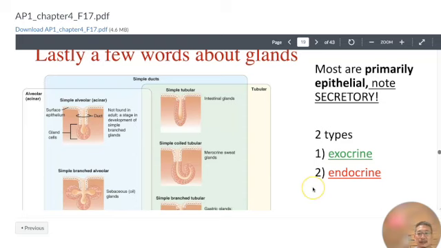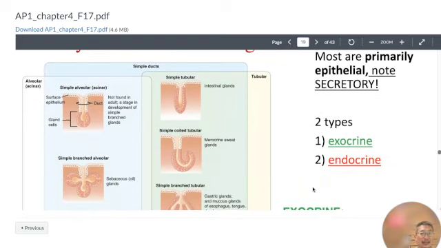So some of these glands, there are 2 types of glands, exocrine and endocrine. Exocrine is you secrete outward, like a duct. It's open directly to the outside environment, like a mucus, a sweat gland, or a milk gland.